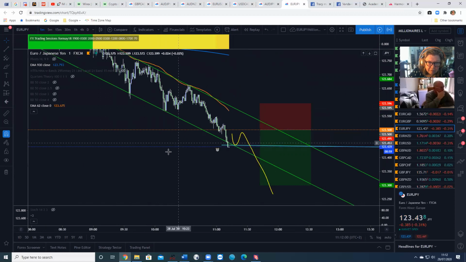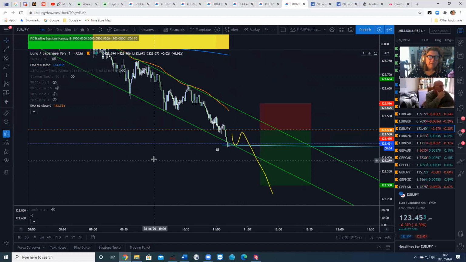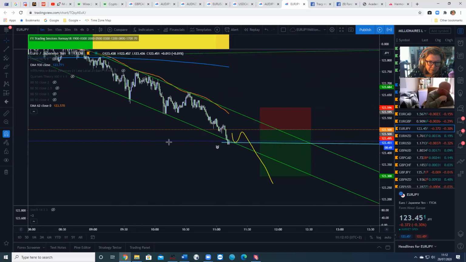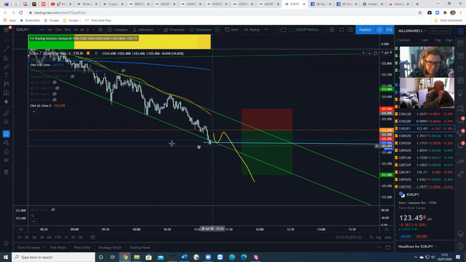So what you want is for that to come back up to 123.500, break and retest, and then go in for the sell. So don't get in on any buy candles, and don't get in until it's done that. So we could sit and watch that for a moment.